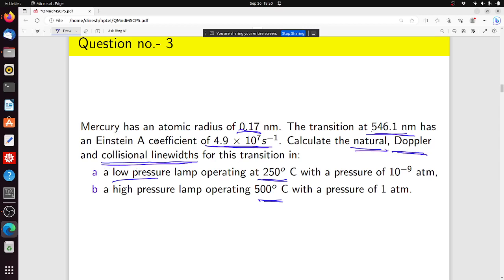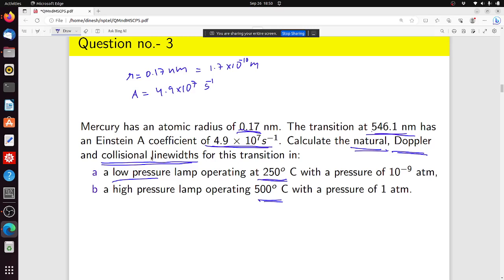So what is given? The radius of this mercury atom is given as 0.17 nanometer or 1.7 times 10 to the power minus 10 meter. And Einstein coefficient A is given, 4.9 times 10 to the power 7 second inverse.